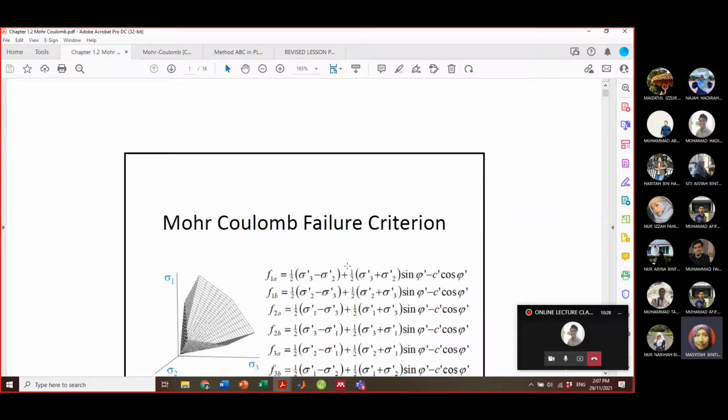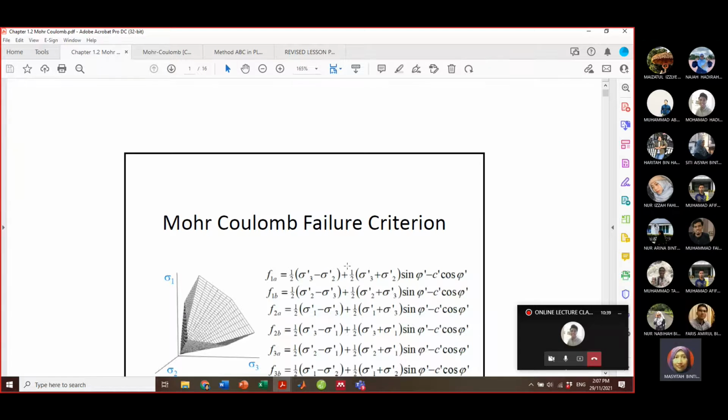It can also behave as linear elastic, and it can also behave as linear elastic perfectly plastic. And somehow a material such as soil may not behave linearly. So the material will behave non-linearly.